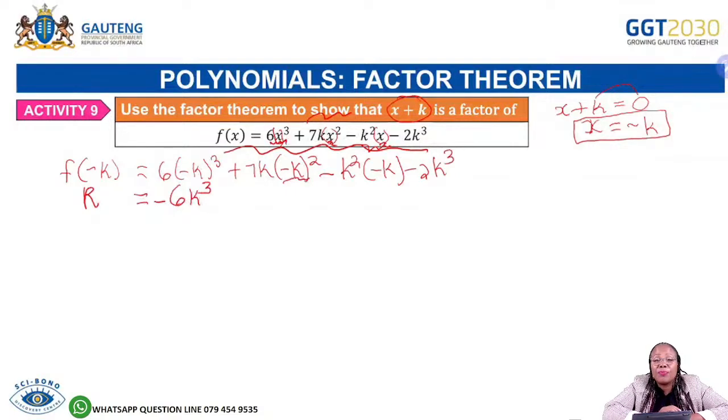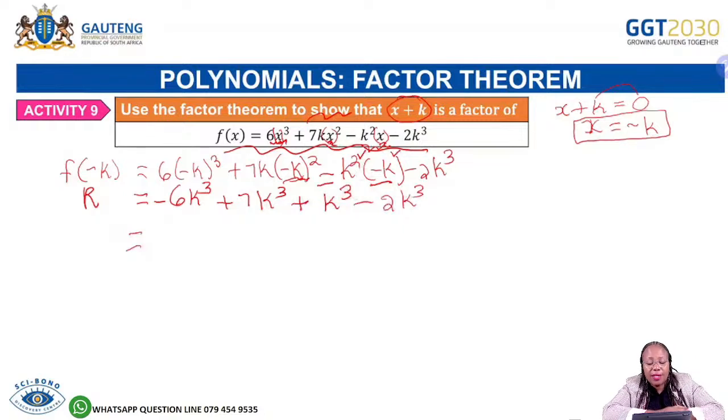Negative k squared is positive k squared, and positive k squared times 7k is 7k cubed. Negative k times a negative will be a positive, k squared times k, which is k cubed. And then this one remains 2k cubed there.